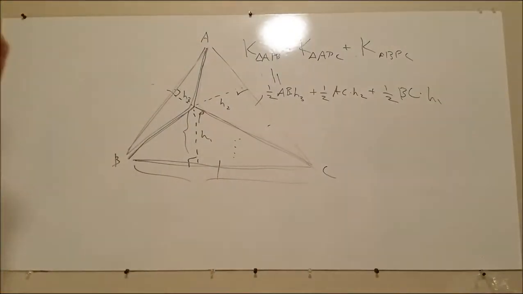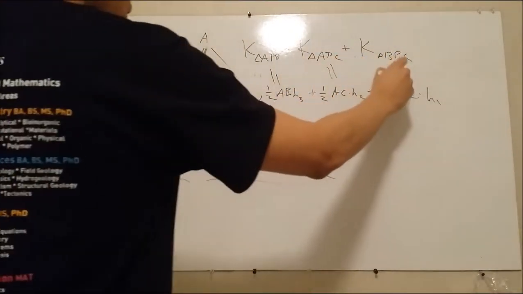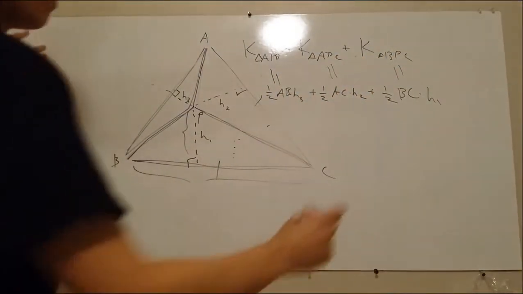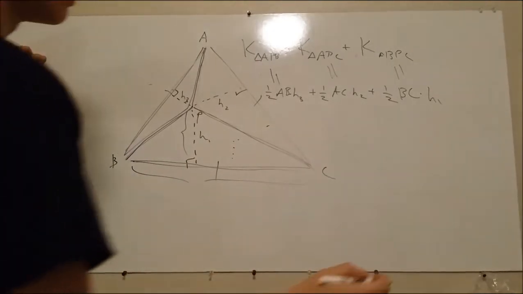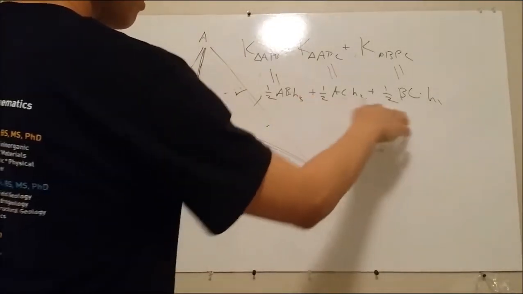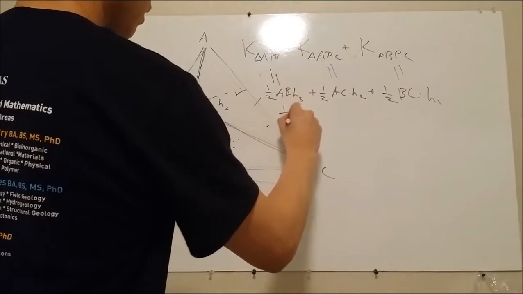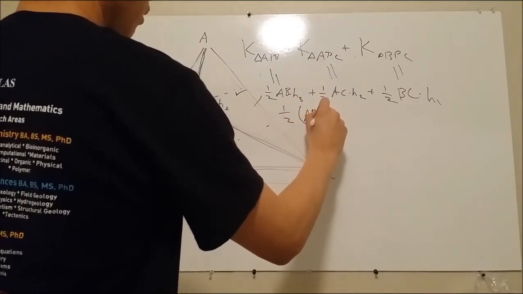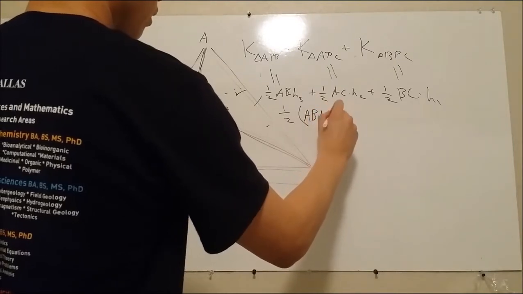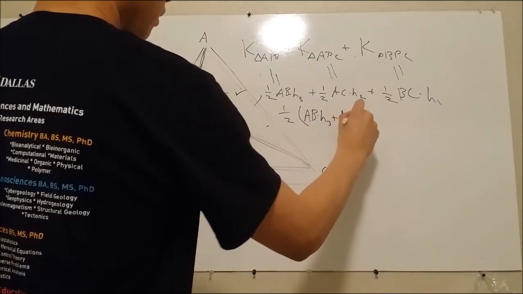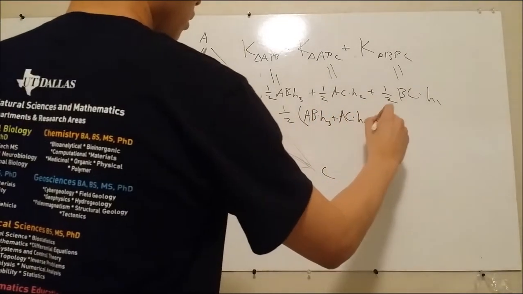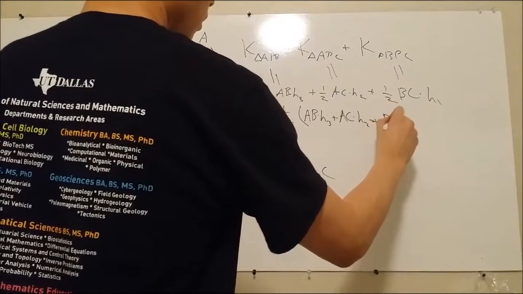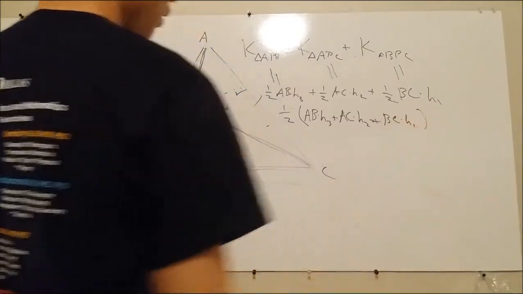Okay? And these correspond to that, this corresponds to that. And we can use the distributive law. Okay? We take out 1/2, so that becomes AB times height 3 plus AC times height 2 plus BC times height 1. Okay?